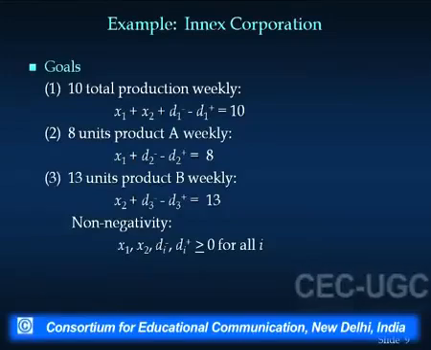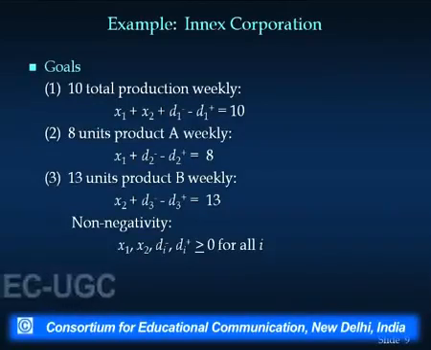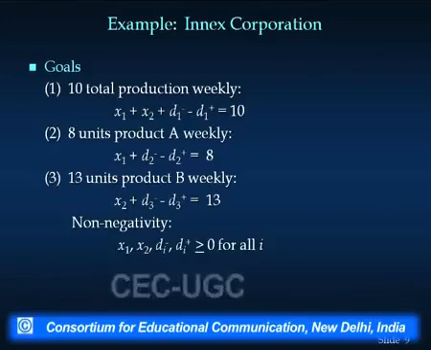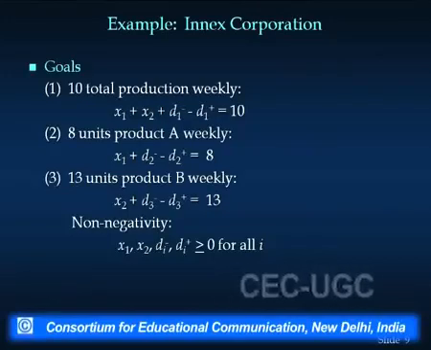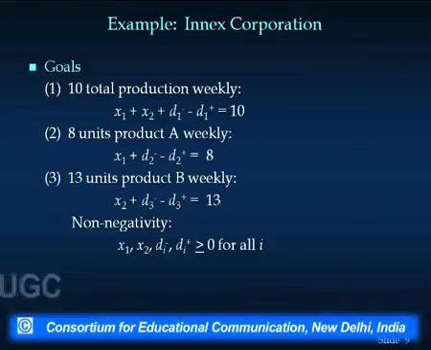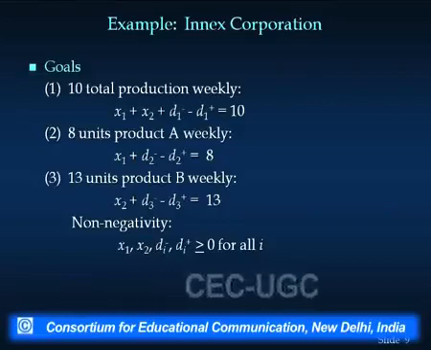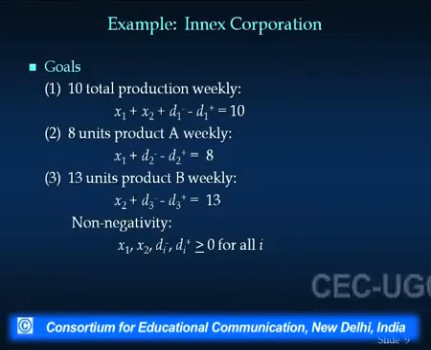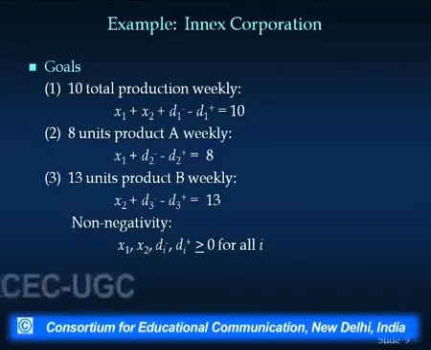If 10 is not met, if 8 are produced, then there is a deficiency of 2 numbers. It means this deficiency of 2 numbers should be added to x1 plus x2 to make it equal to 10. And this 2 is the deficient production, and deficiency we are showing with D1 minus.